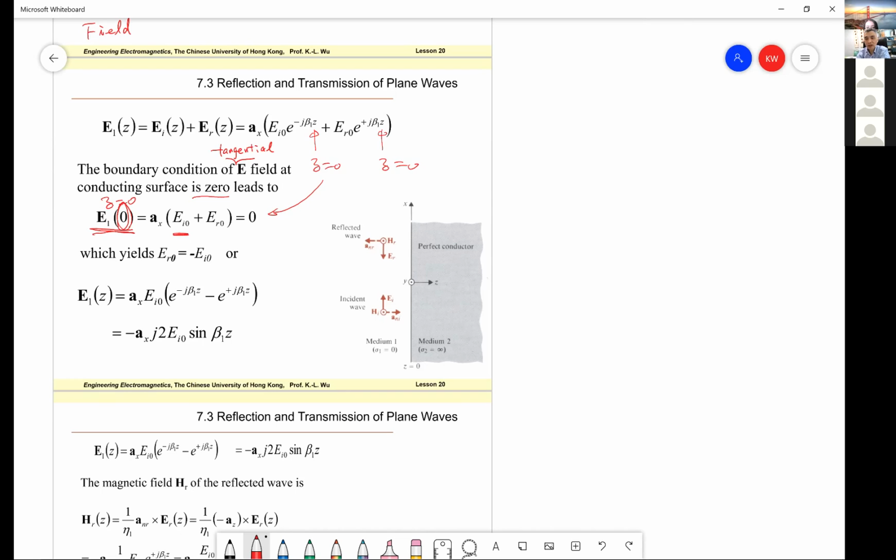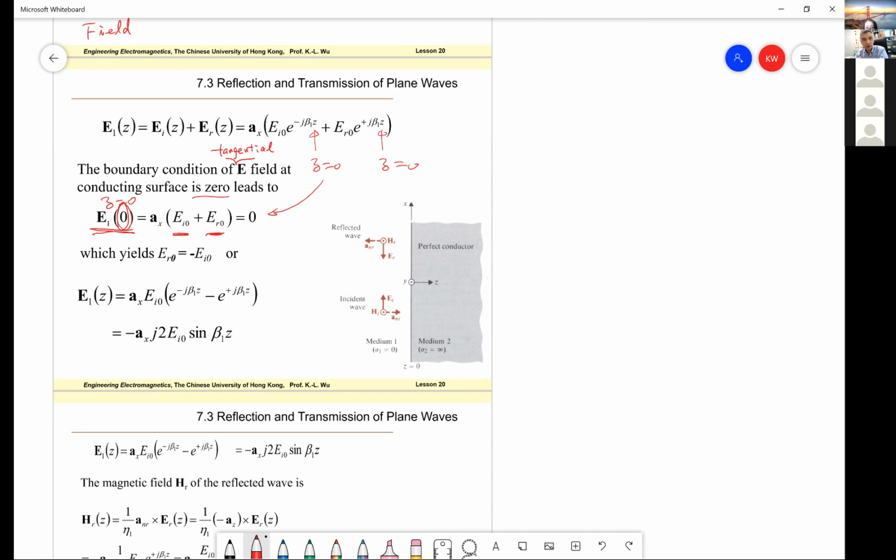Then we have this: the magnitude of the incident wave plus the magnitude of the reflected wave equals 0. This is a condition derived from the boundary condition.